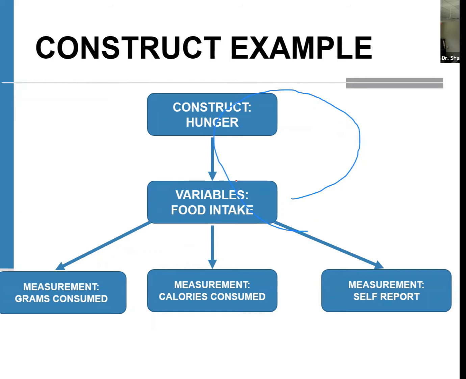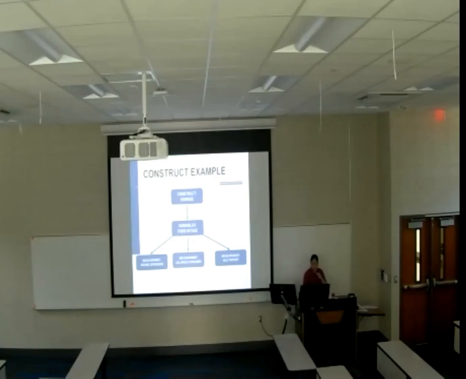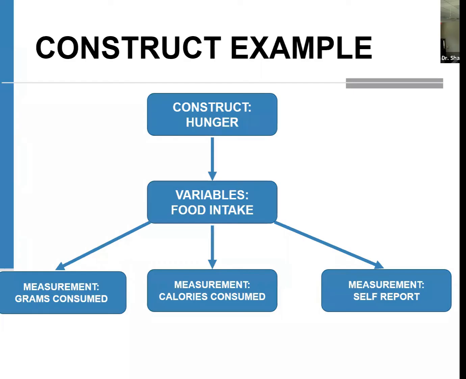So let's look at our example. Say, for instance, the construct here is hunger. Excuse me, I said anger, I should say hunger. When we're thinking about hunger, first of all, we would have to define what hunger is.